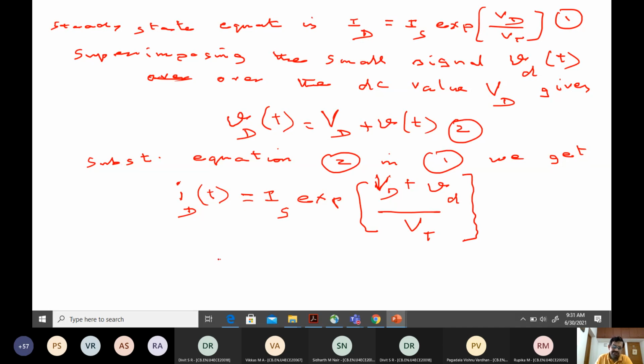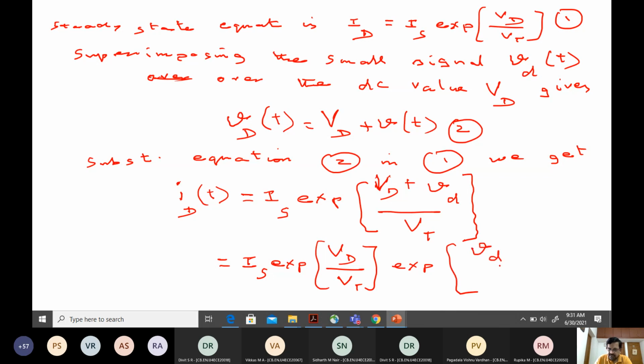Now, this equation can be further simplified as I_s exponential of capital V_D by V_t and exponential of small v_d by V_t. It is very understood: when you multiply two exponential functions, the exponents add up, the denominator is common, just it is V_D plus small v_d. So I have written by expansion.